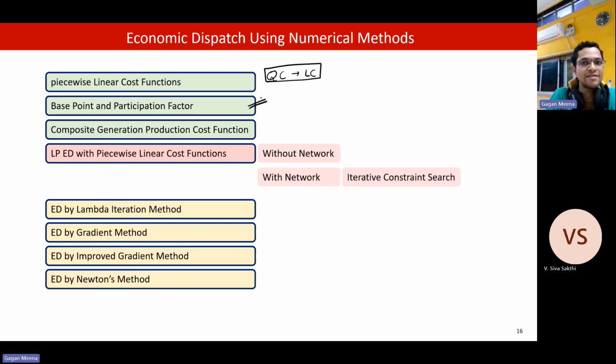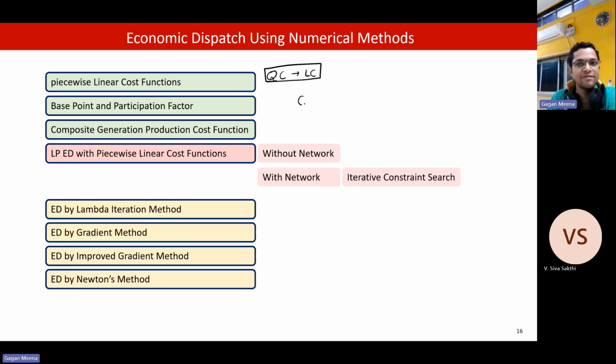And then the next thing discussed was the participation factor. That also we will see. Then composite generation production cost. If we have a set of generators, each generator has its own characteristic cost curve.